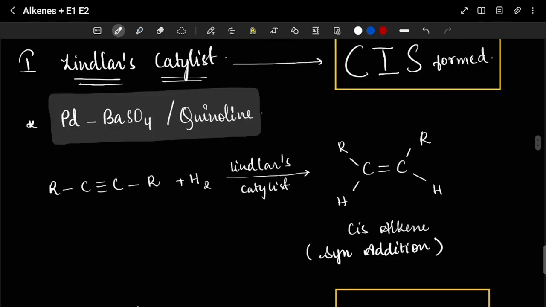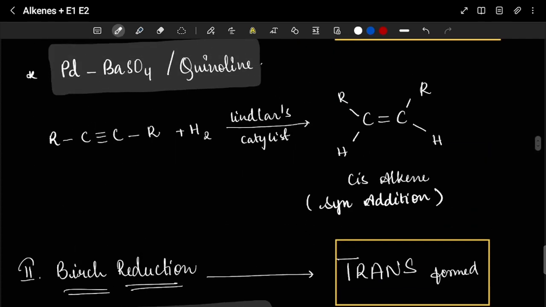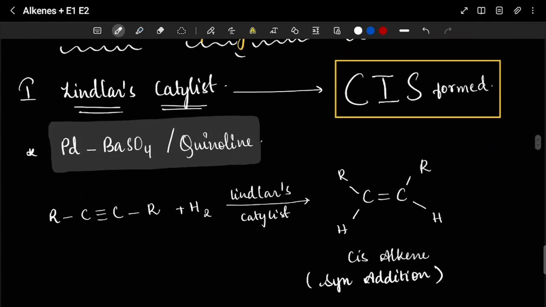Now you can do this in three different ways. Using Lindlar's catalyst. So what is Lindlar's catalyst? Very, very important catalyst in the whole of organic chemistry. It is Pd/BaSO4 in quinoline. So that is called Lindlar's catalyst. Whenever you use Lindlar's catalyst, a cis alkene is formed, which means the hydrogens are going to attach on the same side.